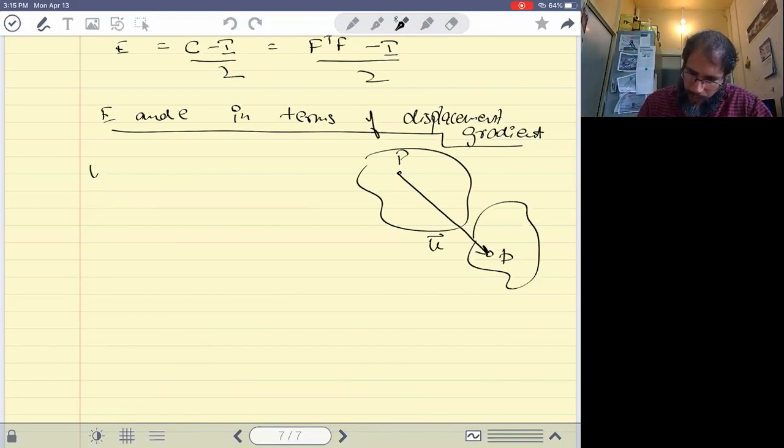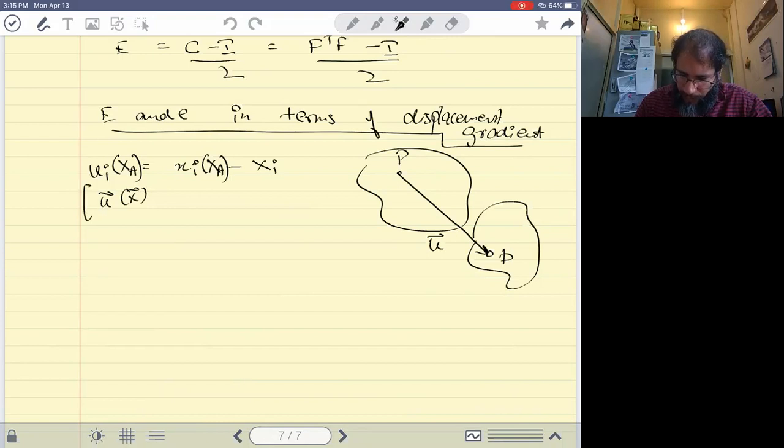The u vector was defined as small x minus capital X. If we write everything in terms of capital X, that's how we write it in the index notation, so u is a function of capital X. In the symbolic notation, we write u vector as a function of capital X vector, which is small x minus capital X, where we write the small x vector as a function of capital X vector. That's the Lagrangian description of motion.